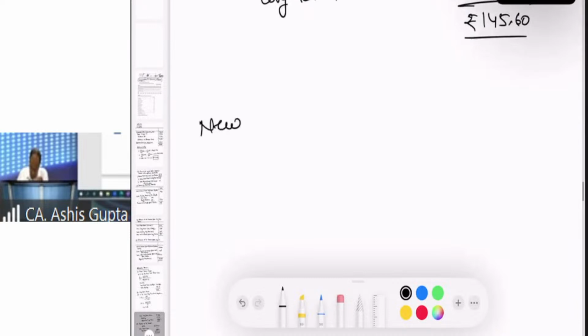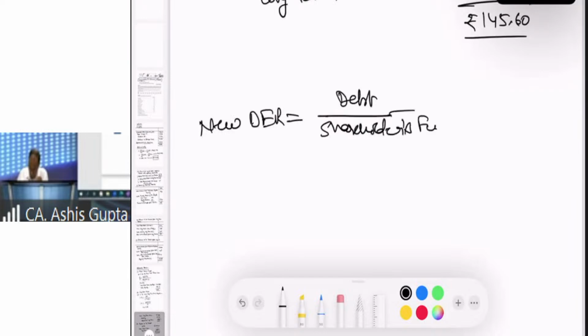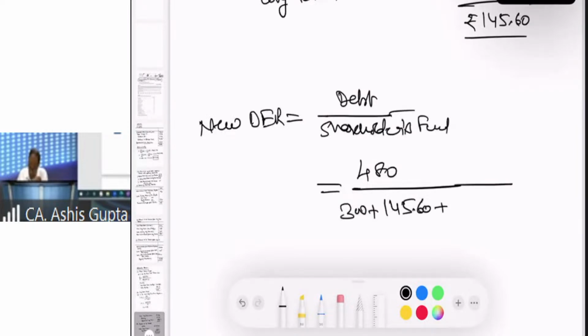New debt equity ratio, debt upon shareholders' fund. Okay, this is our new equity, existing equity.